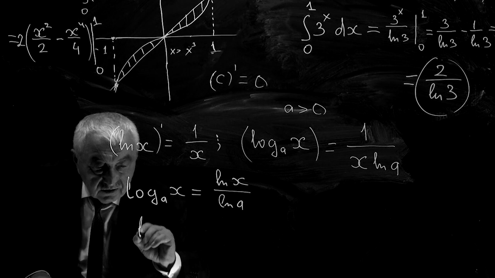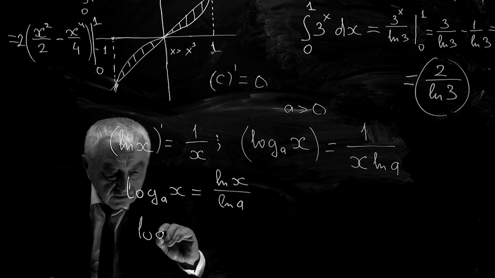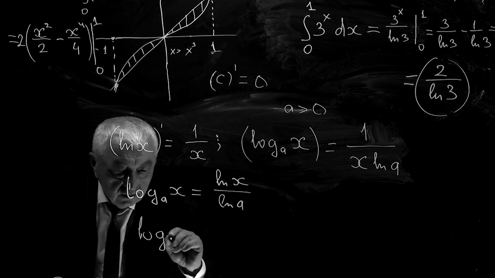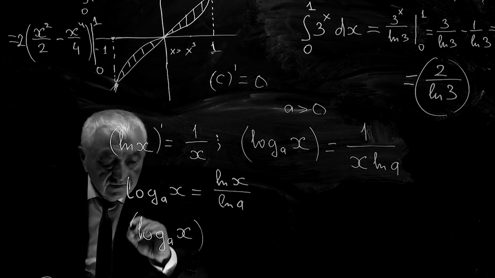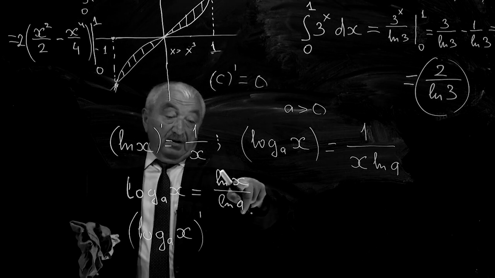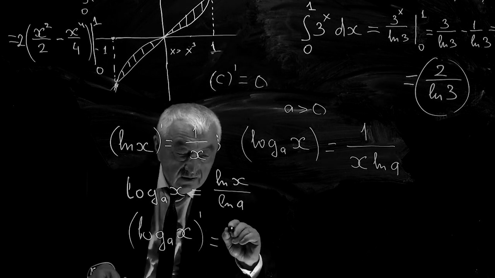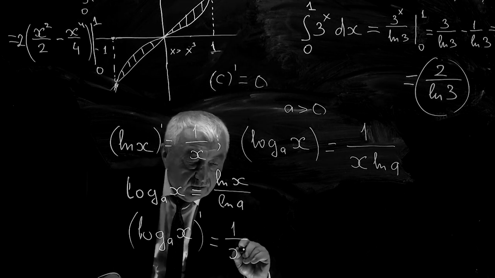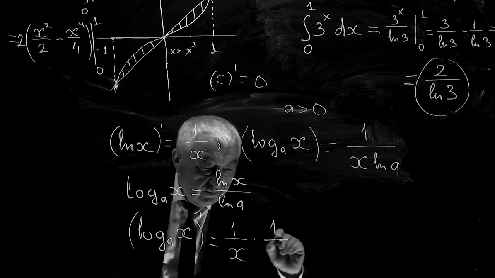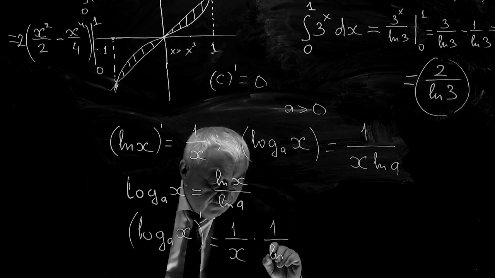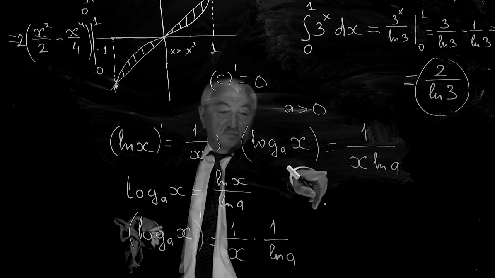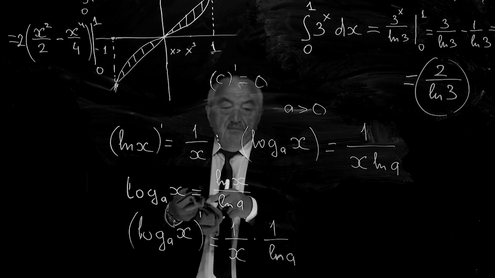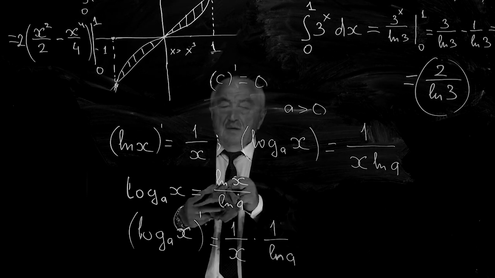If it is necessary to calculate the derivative, the first derivative of the logarithm of x is 1 divided by x, times 1 divided by the logarithm of a. We get these results.